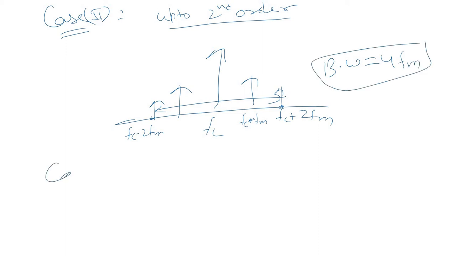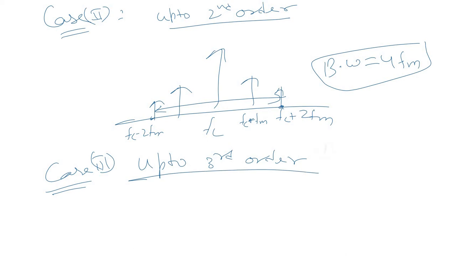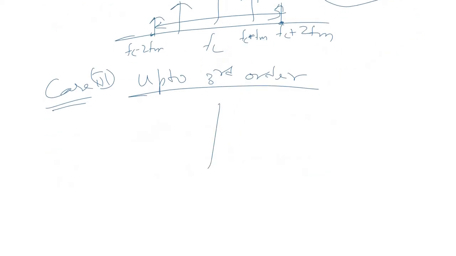Similarly, if we have a look at case 3, where we assume wideband FM having significant sidebands up to third order, there will be 3 pairs of sidebands now. One will be at FC, then the others.